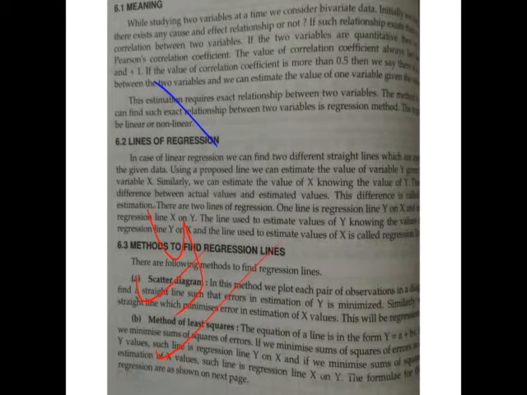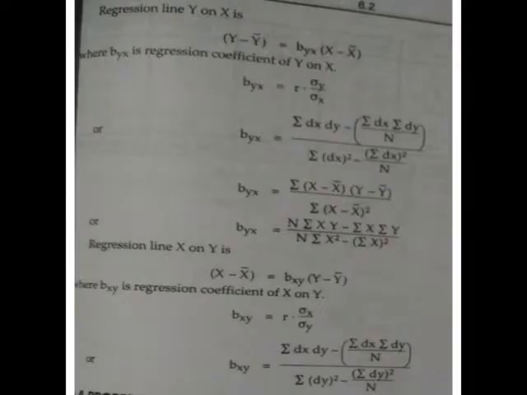So for that there are two methods: the scatter method and the method of least squares. These are the two methods using which we can find out the lines of regression. We have to calculate two values, that is the regression line y on x, and second, regression line x on y.